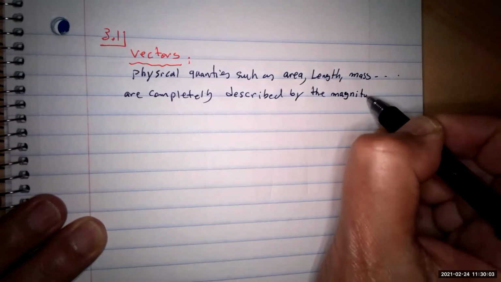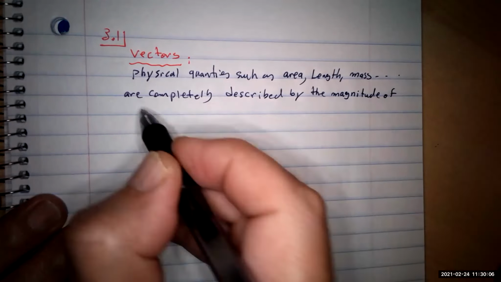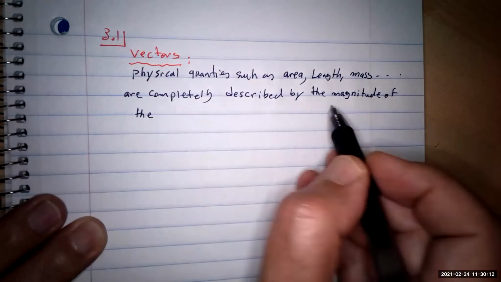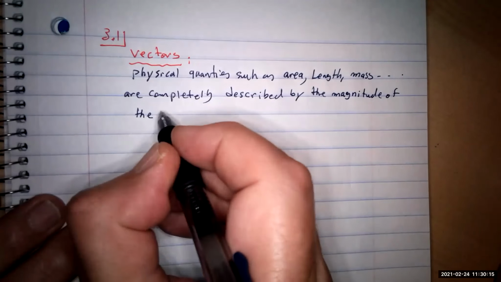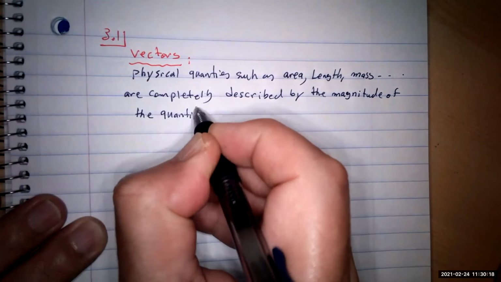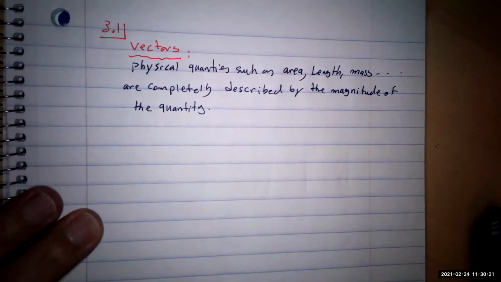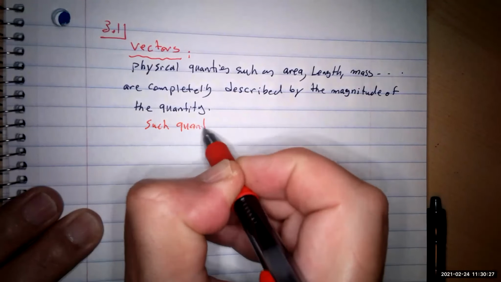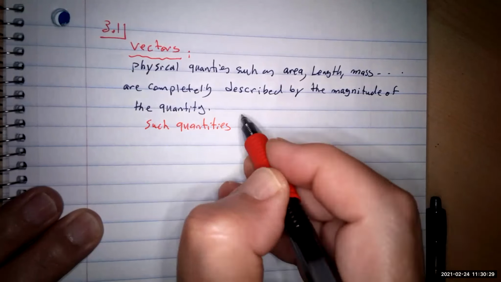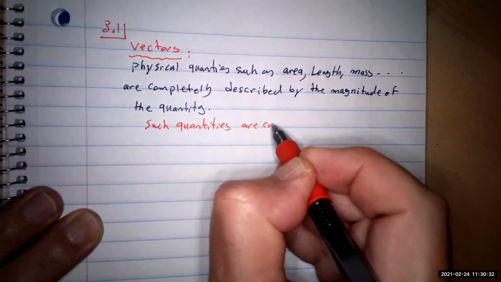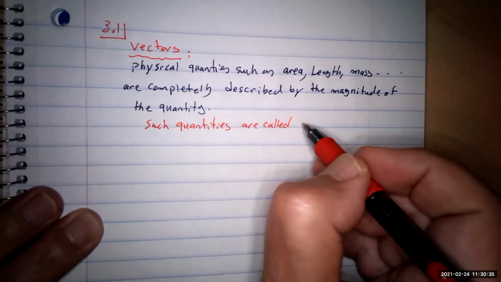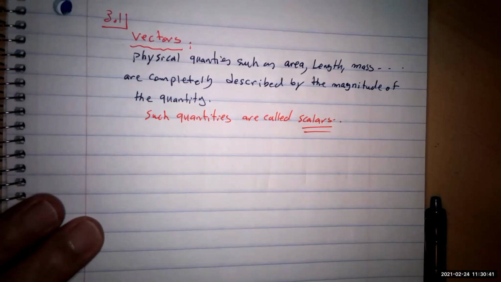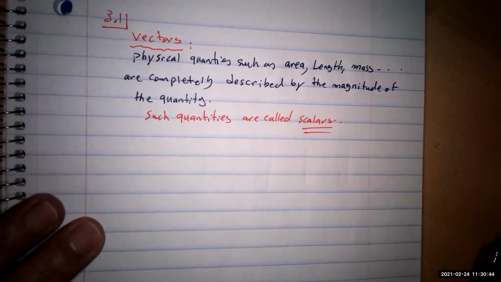As soon as we have the measurement of the quantity, it is completely described. Such quantities are called scalars. A scalar is just a number, no direction.